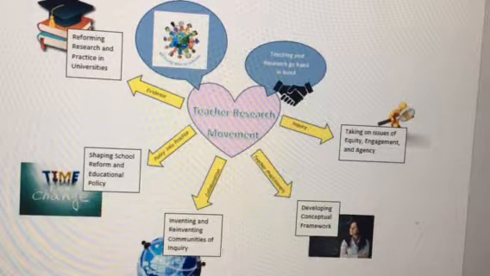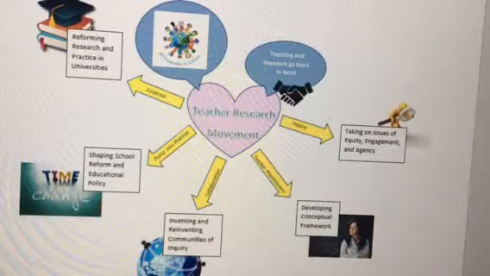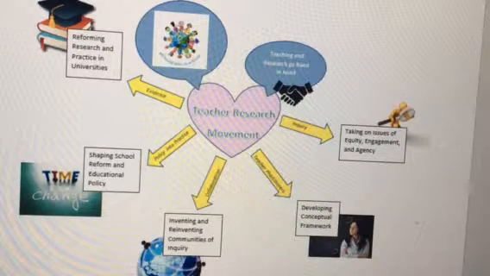We have theme 1, taking on issues of equity, engagement, and agency. Theme 2, developing conceptual framework. Theme 3, inventing and reinventing communities of inquiry. Theme 4, shaping school reform and educational policy. And theme 5, reforming research and practice in the universities.